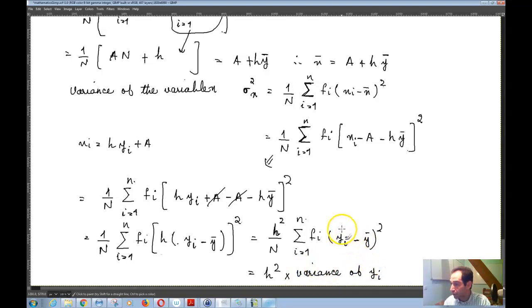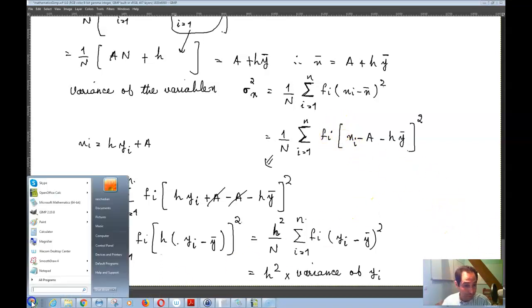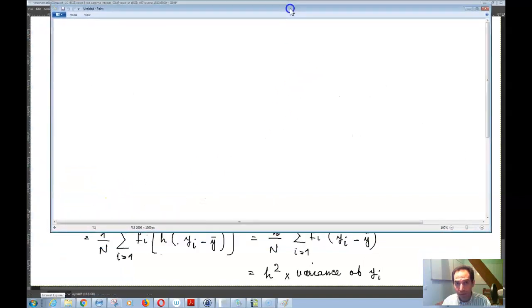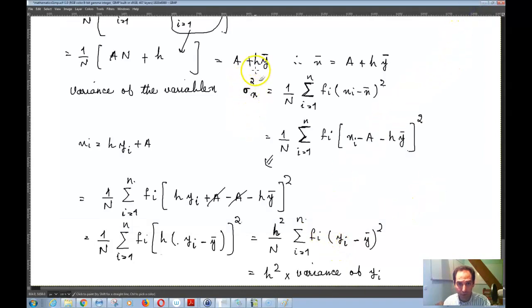And that means that sigma of x whole squared, this is the variance of the variable x.